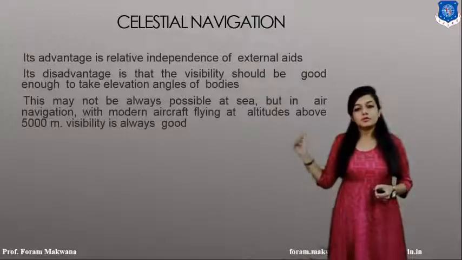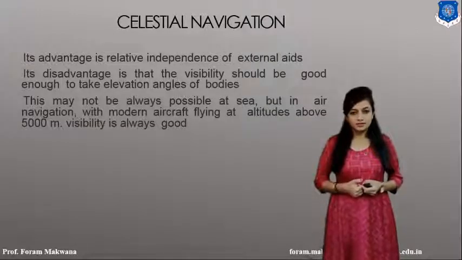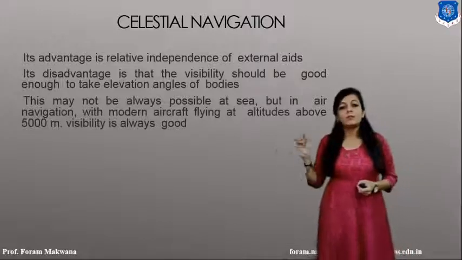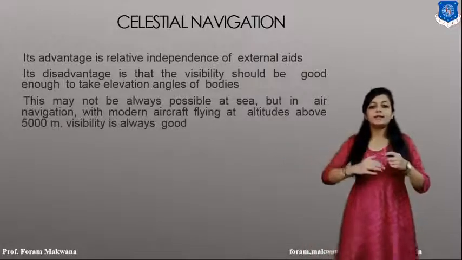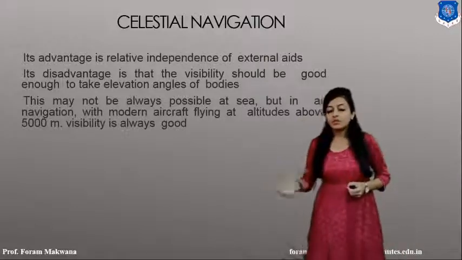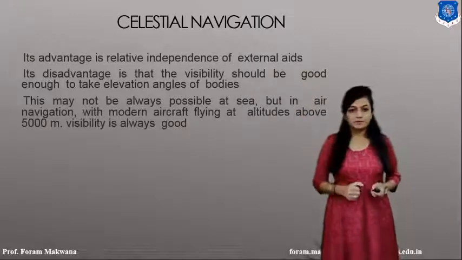That means it is used only for aircraft. We can't use it for submarines, right? But in air navigation, with modern aircraft flying at a specific altitude, above 500 meters, visibility is always good for celestial navigation.